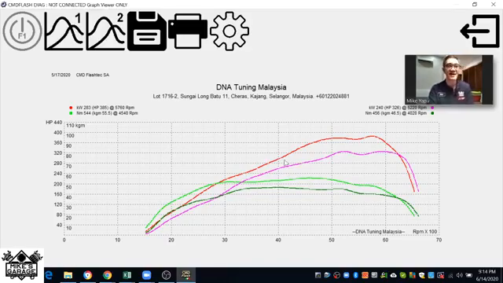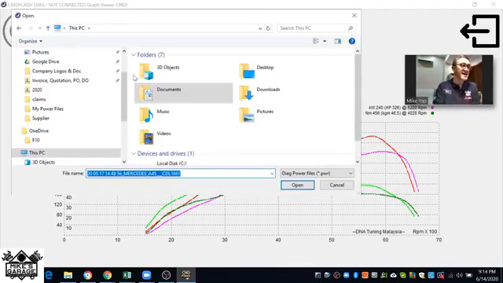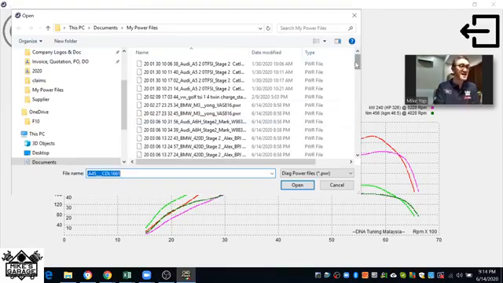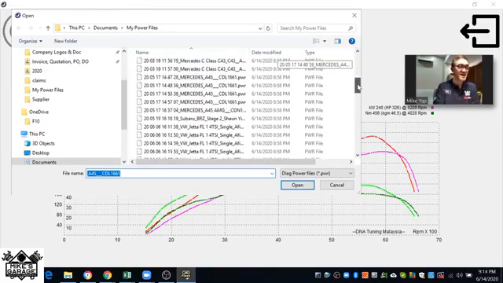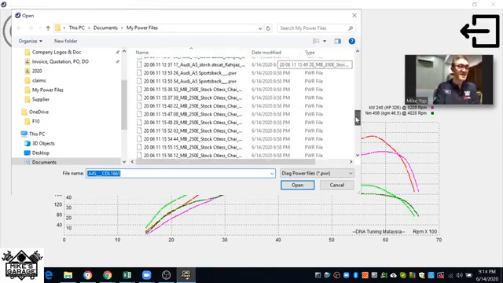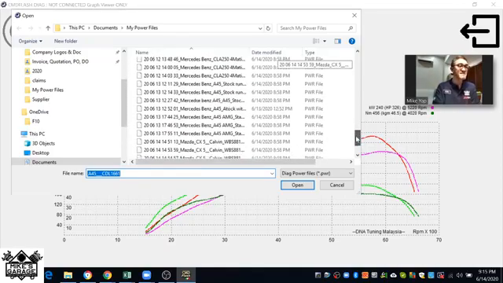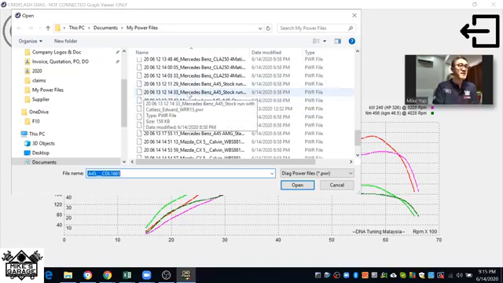Let me show you with this particular car. As you can see, there are two power runs here. Let me get a better file, another run which I did yesterday.